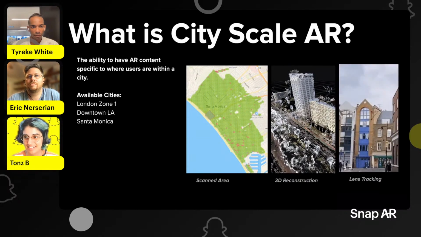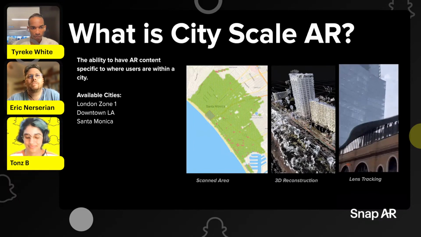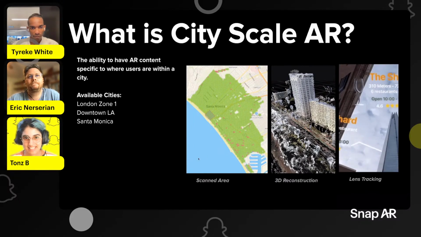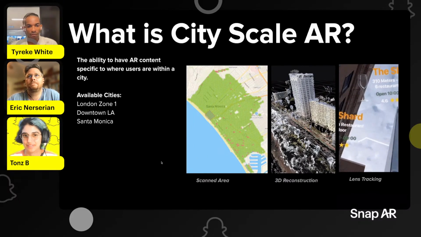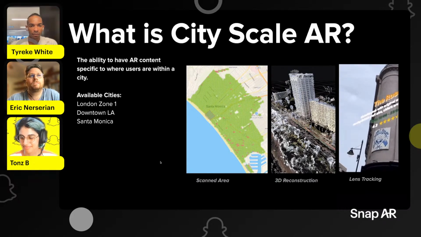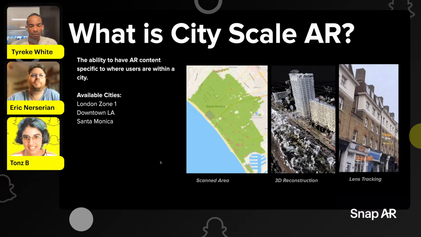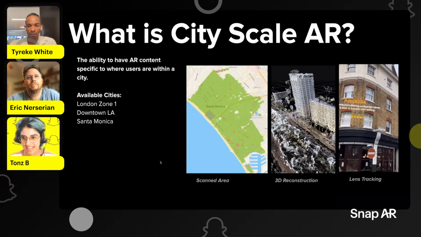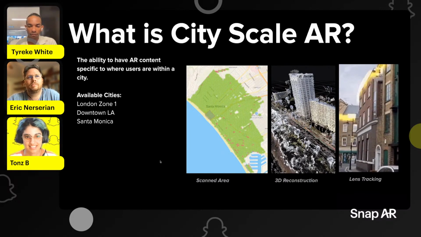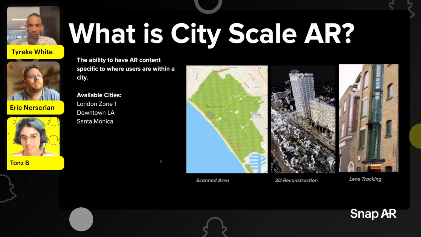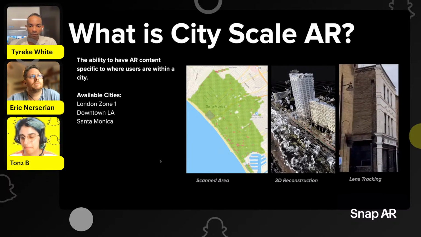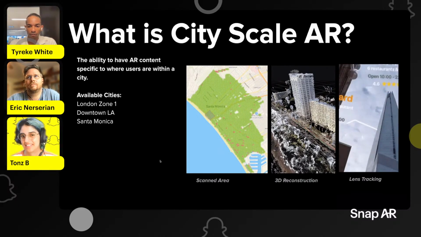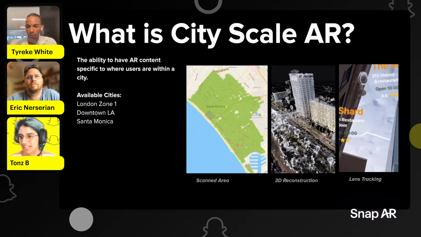Okay, so what is city scale AR? City scale AR is similar to what Eric has already taught in past live streams, but you don't have to scan anything yourself. Snap has already gone ahead and scanned 3 cities: London, Zone 1, downtown LA, and Santa Monica. So this city scale AR technology is currently available in those 3 places.